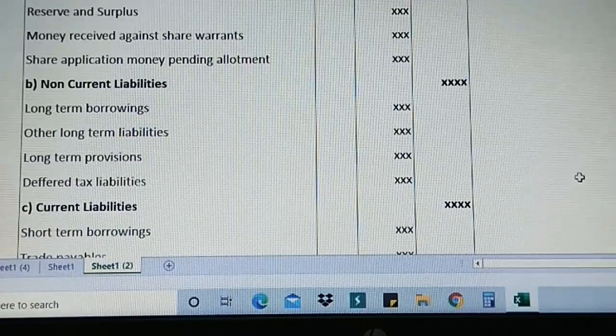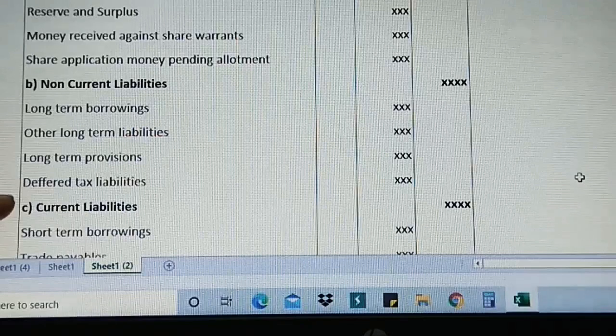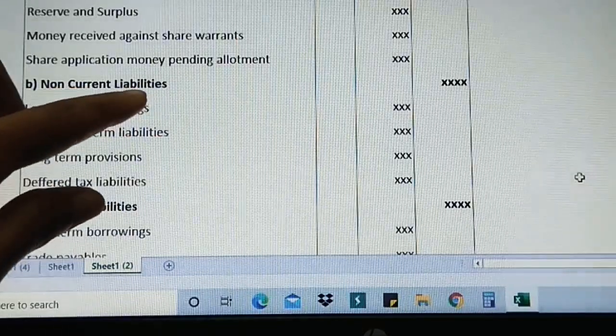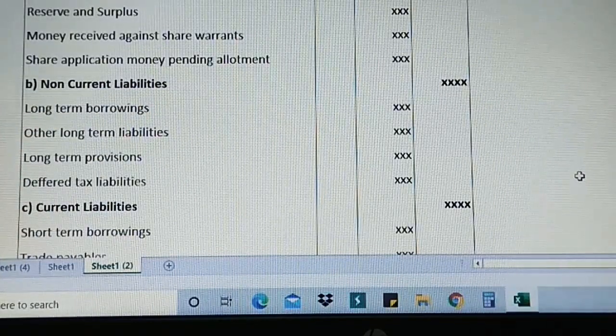Then deferred tax liabilities, which is any tax that is not yet paid and we have just postponed it, keeping it within us. All these come under non-current liabilities, the amount that belongs to the outsiders and is still being held by the company.